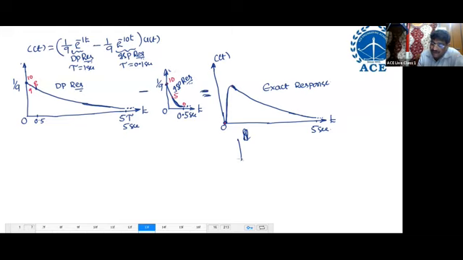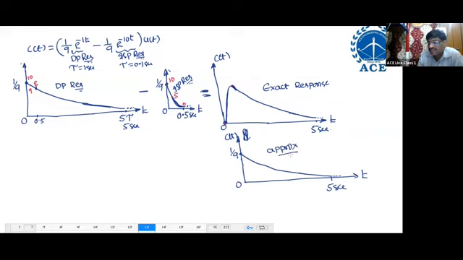That's why it is approximately 1 by 9, 0.5 seconds. Approximately the dominant pole response. So a slight effect will be there. Approximately it is equal to the dominant pole.